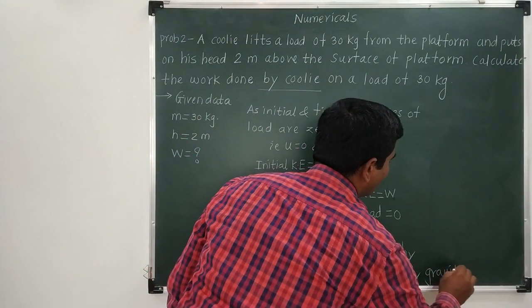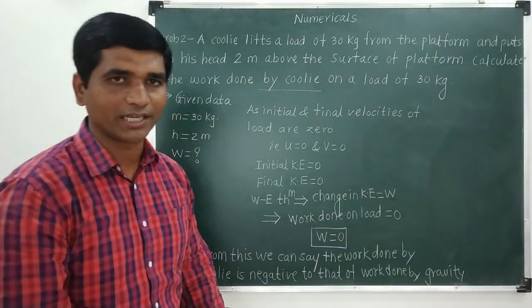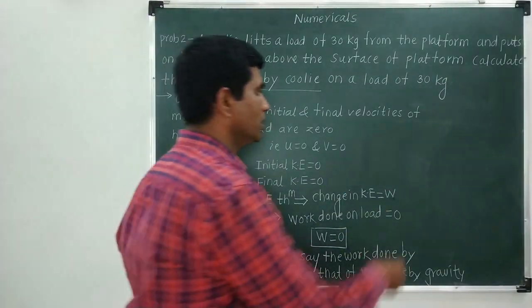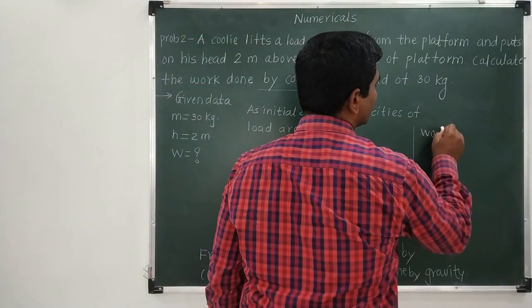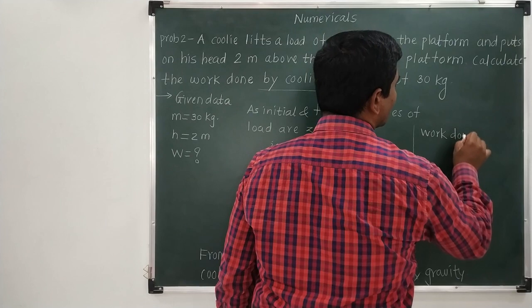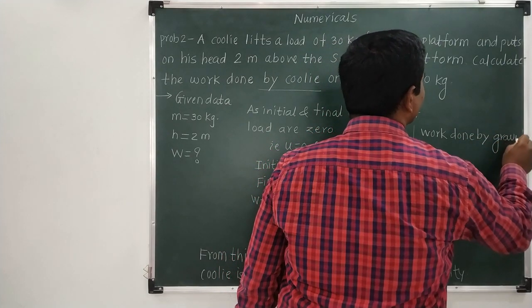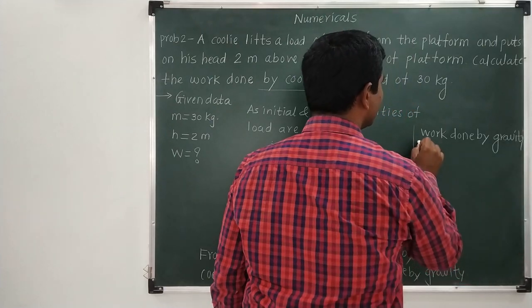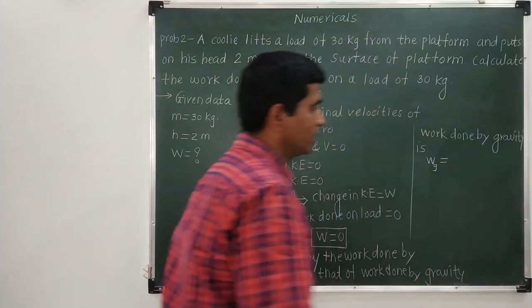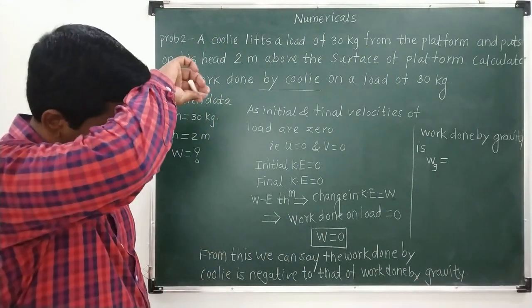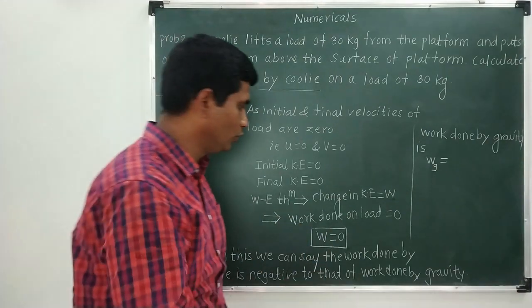So first of all we will try to calculate the work done by gravity, and if we change its sign, we will get the work done by the pulley. Let us say work done by gravity is WG. Here it is work done by the pulley that has been asked, so let us say WC.